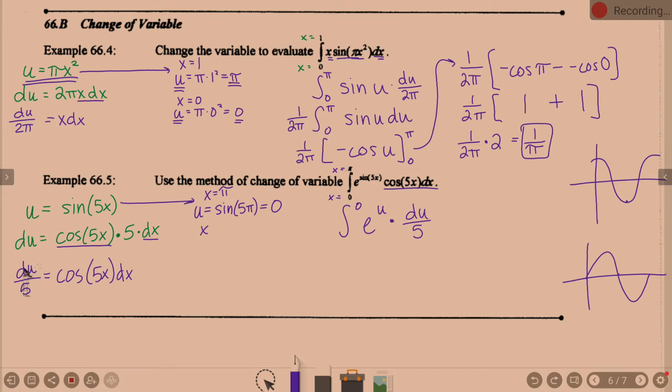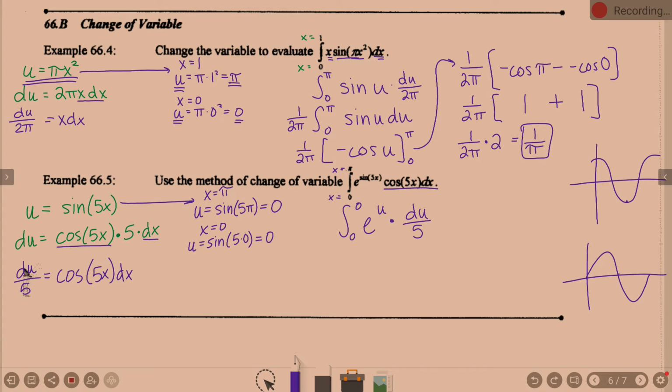Okay. When x is 0, u is sine of 5 times 0. What is sine of 0? 0.